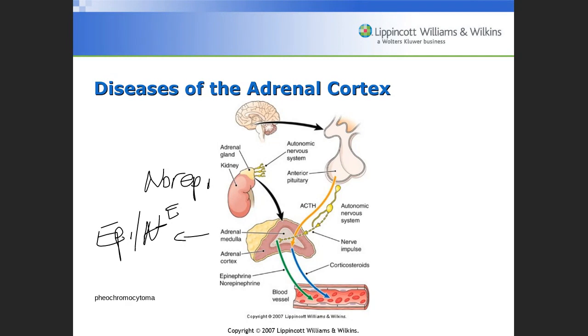So pheochromocytoma is a cancer of the adrenal medulla, right? You can remember it as P, as in pheochromocytoma, or you can remember it as medullary adrenal, in which case both of these are considered part of MEN3.